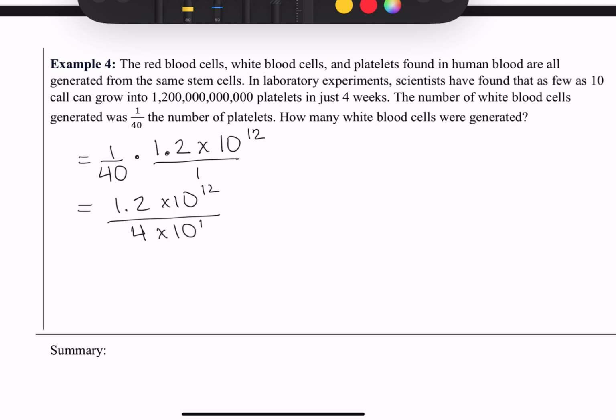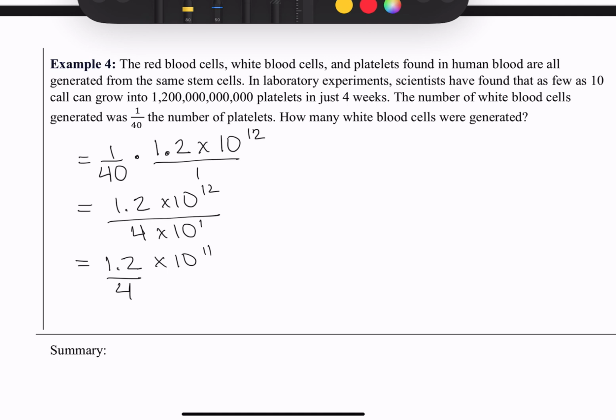Now I can simplify this. 10 to the 12th and 10 to the first have like bases, so I just subtract the exponents. So now I got 1.2 times 10 to the 11th over 4, and I'm just going to put the 4 over the 1.2 because those numbers I can easily divide.